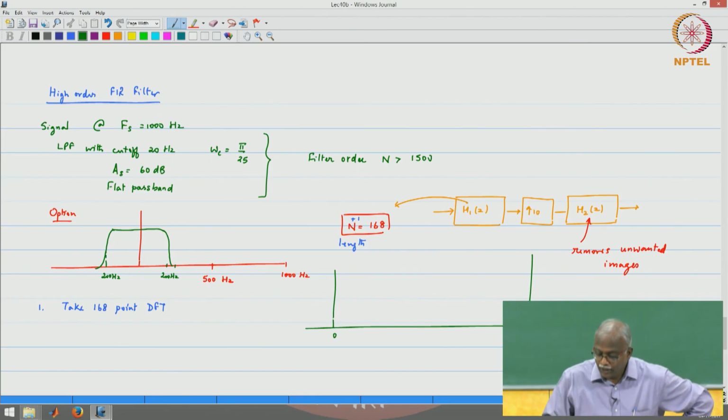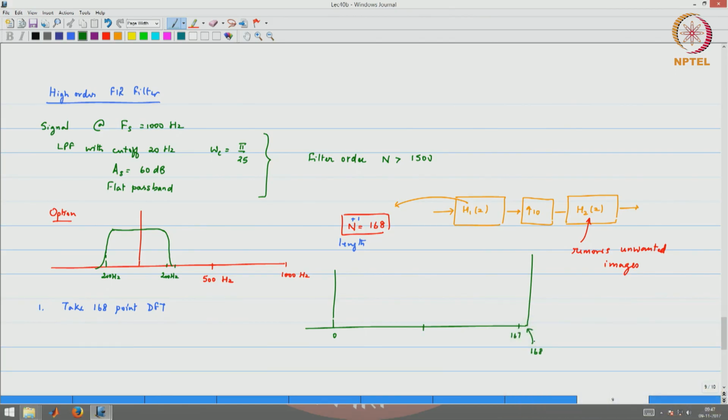Okay. Now, this is the sampling frequency, that is 1000 hertz. Now, at what frequency will you get the 200 hertz cutoff? So, 500 hertz basically corresponds to 84, 168 by 2, that is 500 hertz. I will write the frequencies in orange, 500 hertz. So, 200 hertz will be approximately, you divide that by 2.5, it is somewhere around 33.